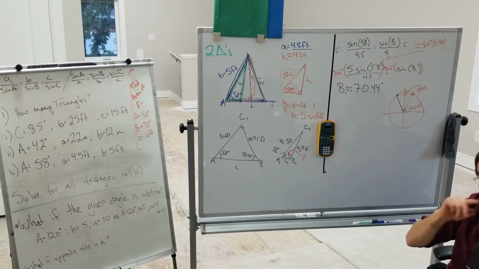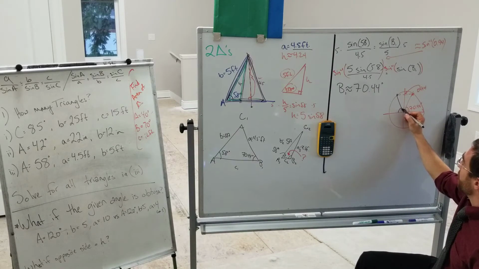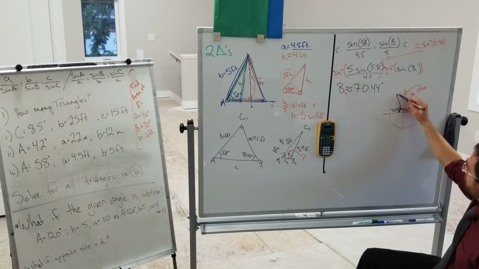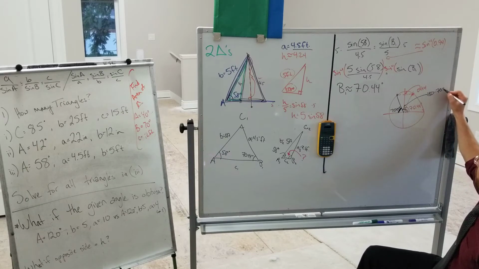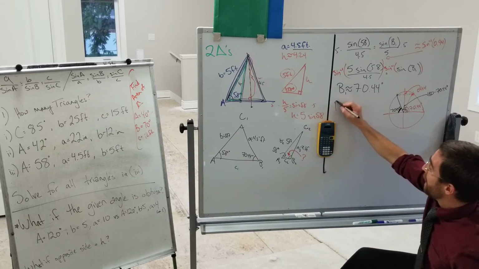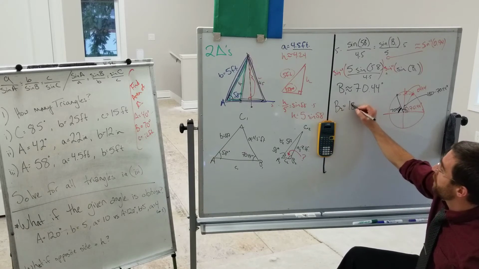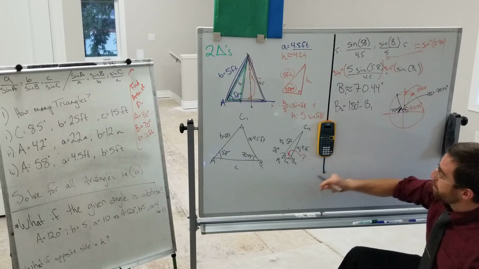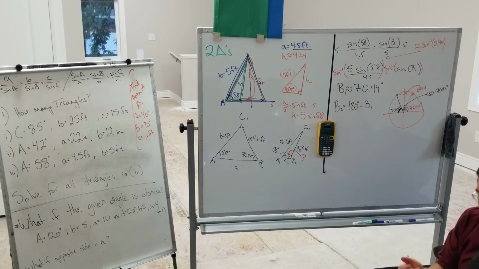And what's that angle going to be? Well, it's a reflection. So the reference angle right here is 70.44 degrees. So this angle is going to be 180 minus 70.44 degrees. And it's always going to work that way. Angle B sub 2, this angle, is always going to equal 180 minus whatever that angle is, because of the way sine works.